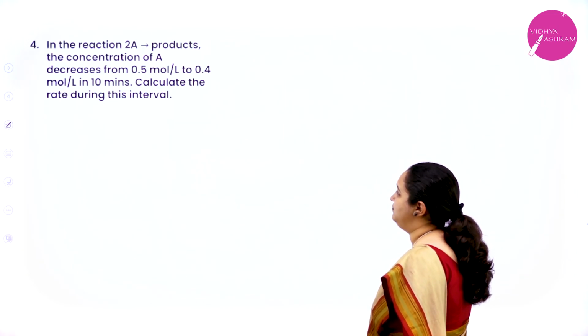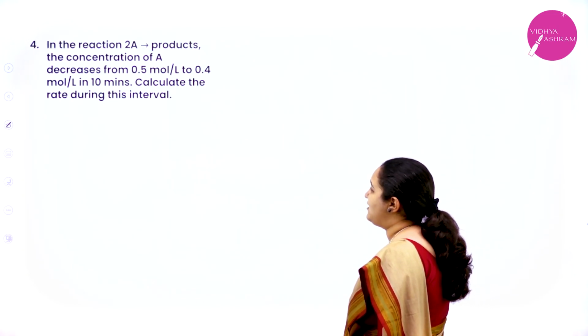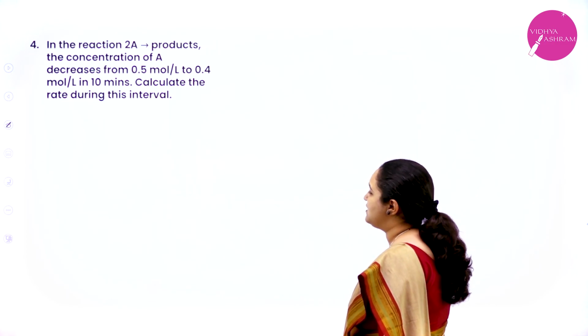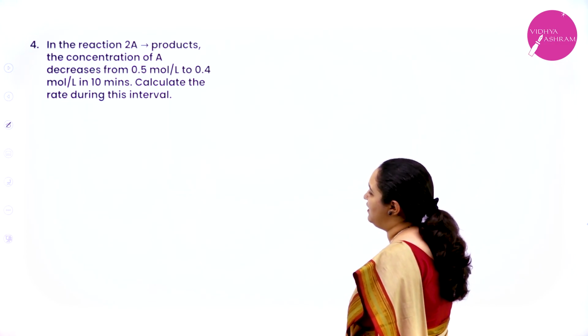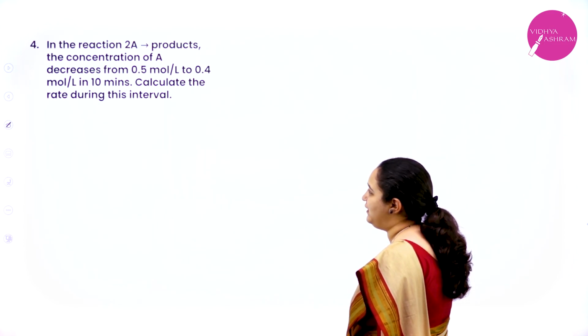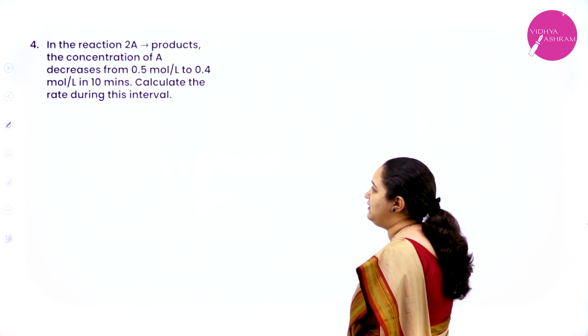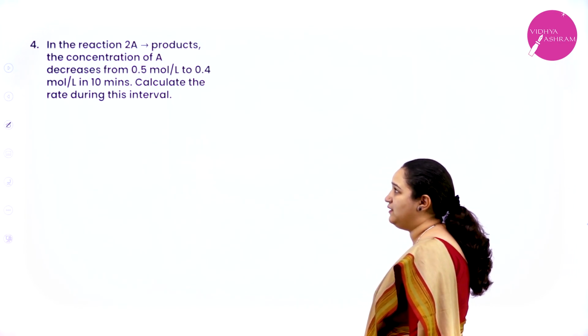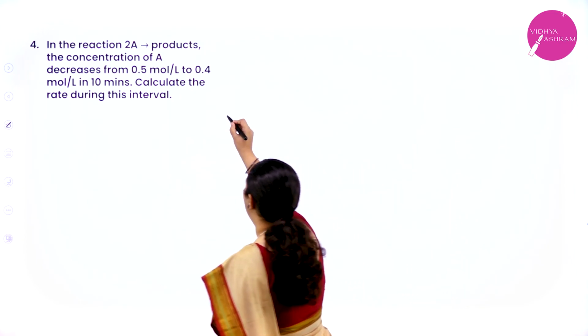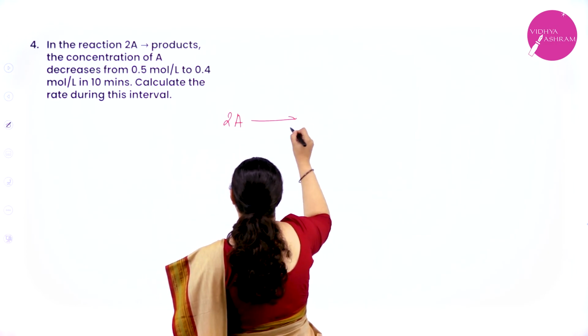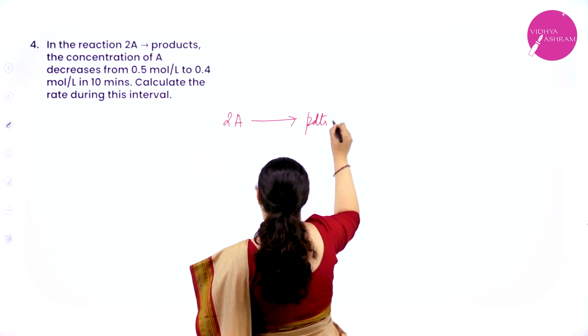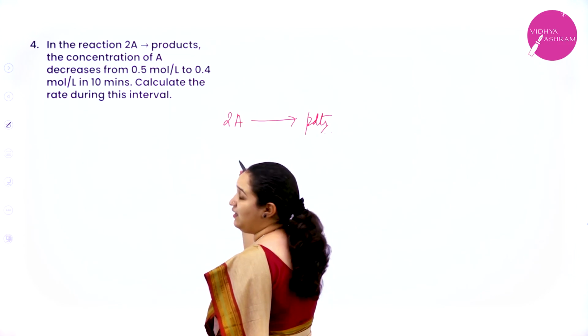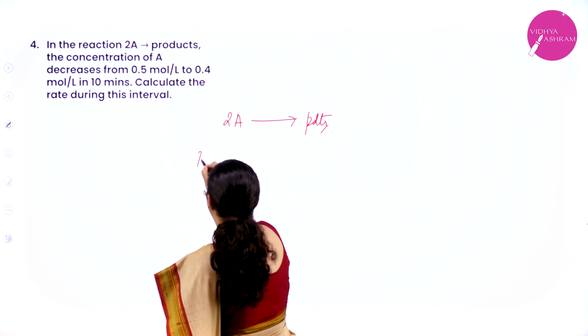Next question. In the reaction 2A giving products, the concentration of A decreases from 0.5 mole per liter to 0.4 mole per liter in 10 minutes. Calculate the rate during this interval. So what is the reaction they have given? 2A giving products. Can I write the average rate of the reaction looking at this?